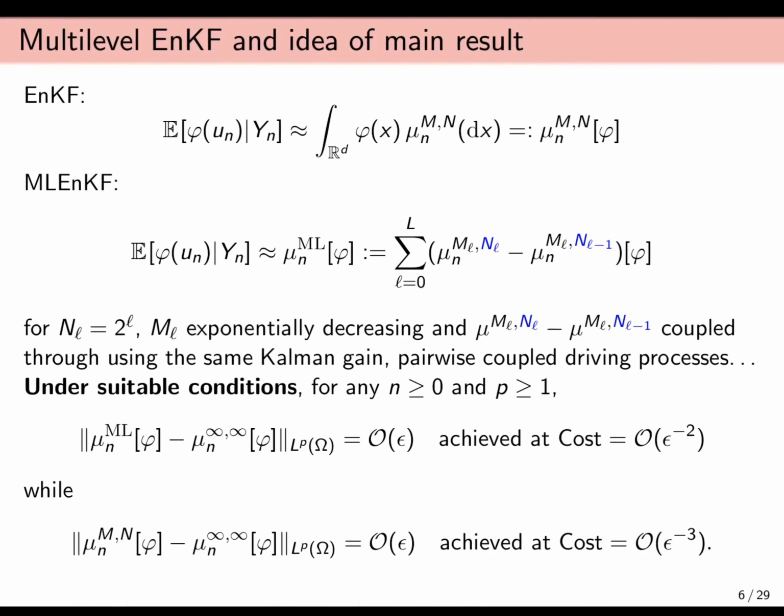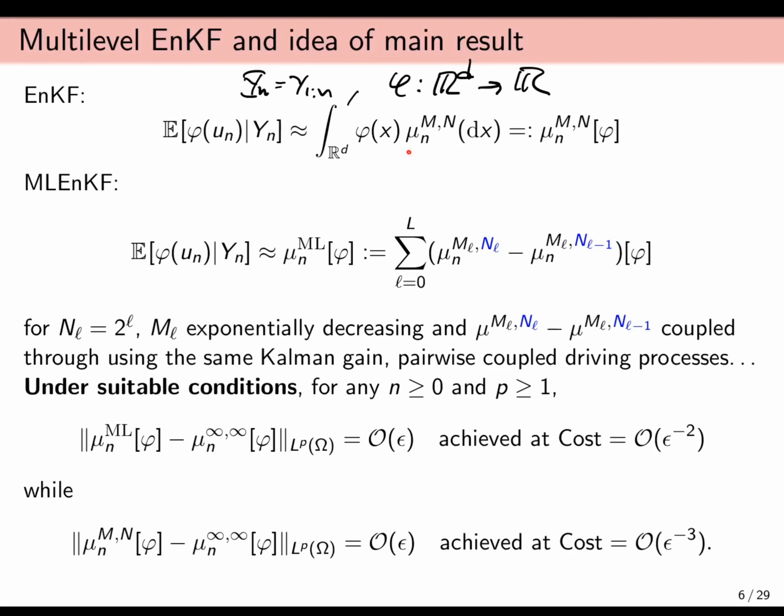Now, I've used the shorthand y capital N, which is the same as the sequence of observations y from 1 to n. Say that I have some quantity of interest phi, which maps from the state space R^d to R, and I want to approximate this conditional expectation.